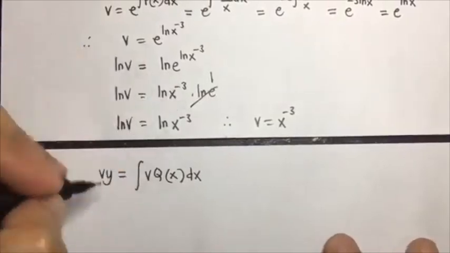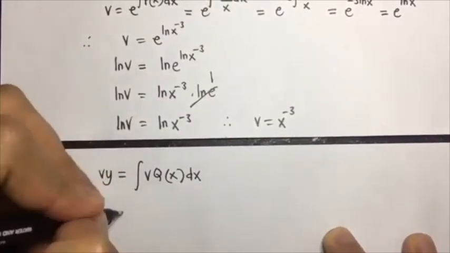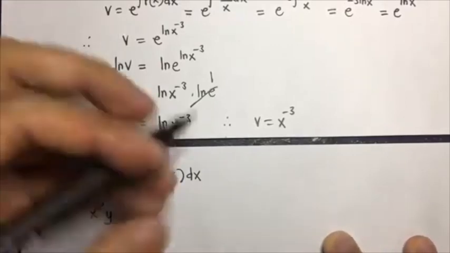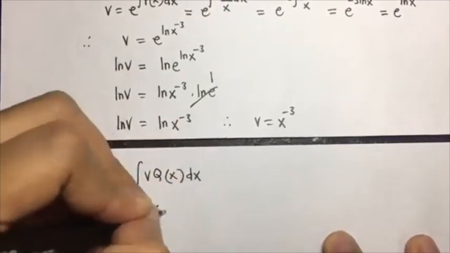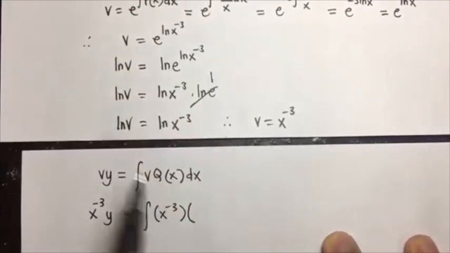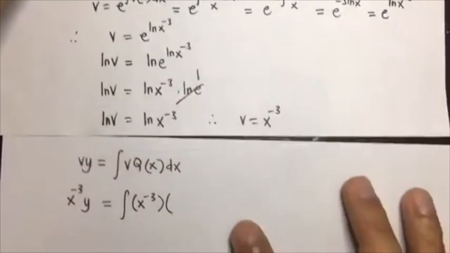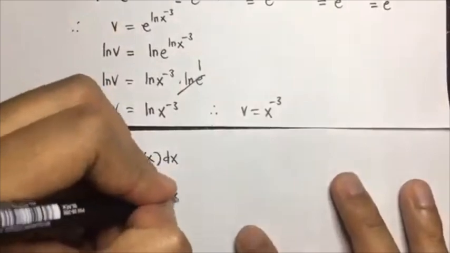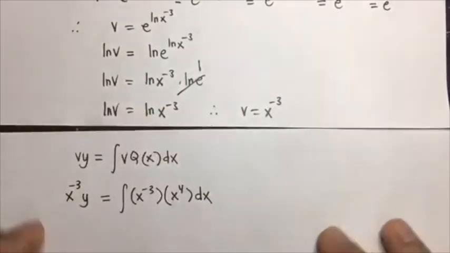So v now is x to the negative 3, times y is equal to the integral of v, again x to the negative 3, times q of x, as we have identified earlier, x to the power of 4, dx.